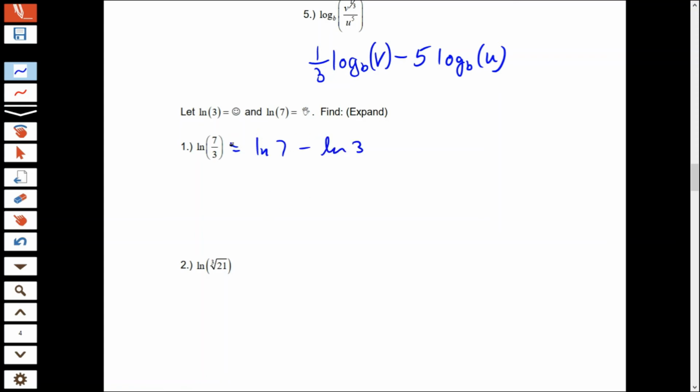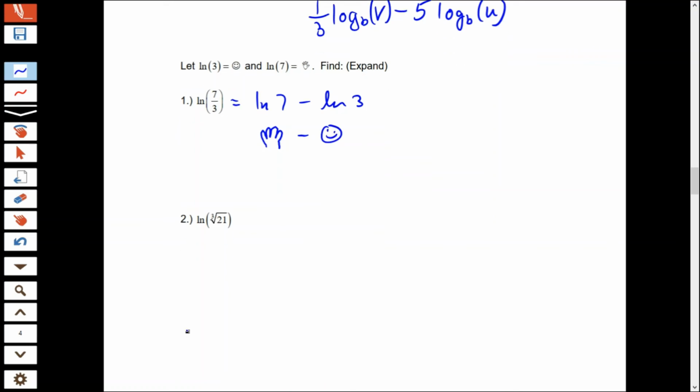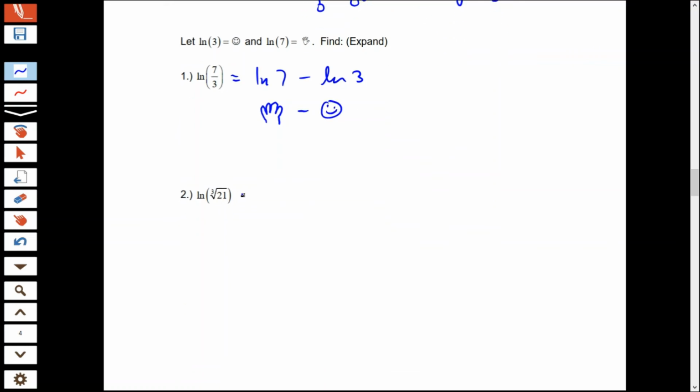Your last step, just as your last step is in physics and science and so on, is to substitute. This here is going to be hand minus smiley.